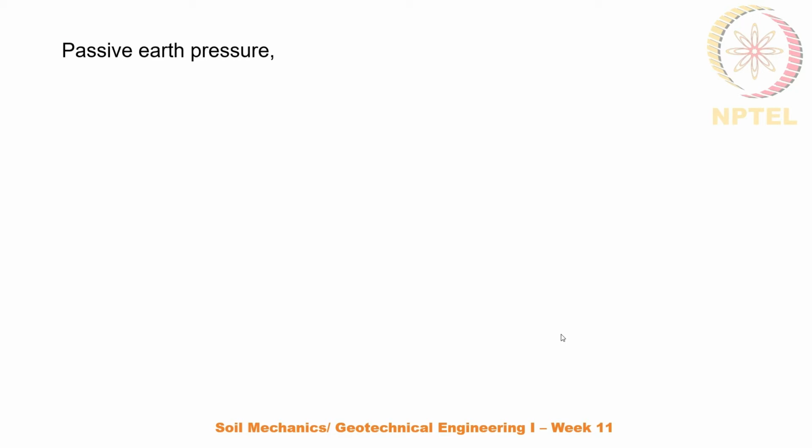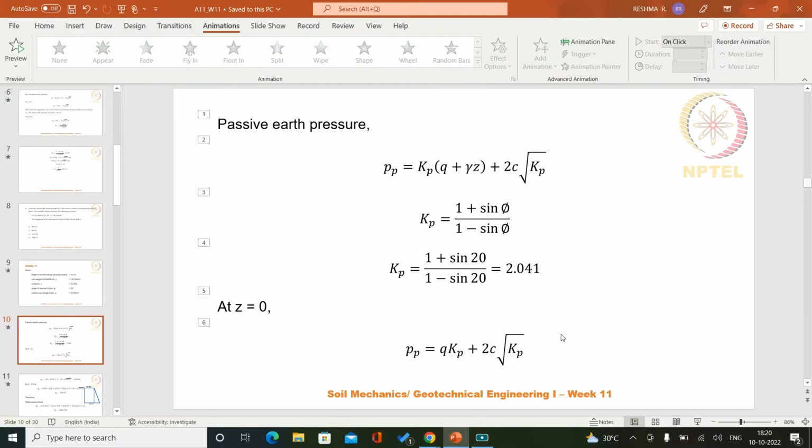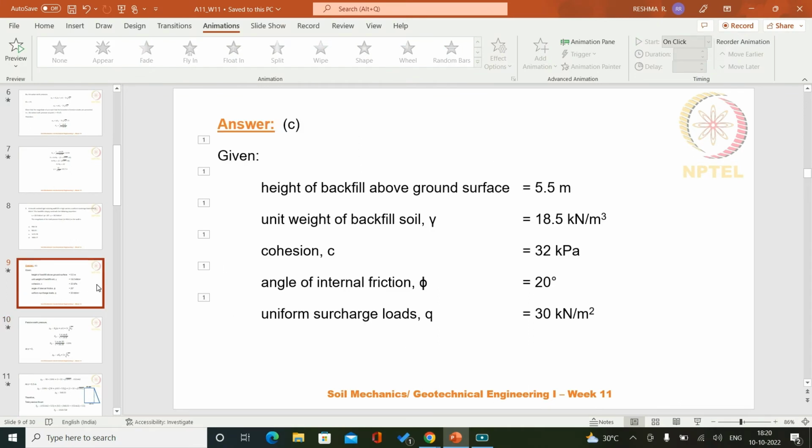Now we know that the passive earth pressure Pp is equal to Kp into (Q plus gamma Z) plus 2C root Kp when there is a surcharge load Q acting on the retaining wall. So, the coefficient of passive earth pressure Kp is equal to (1 plus sine phi) by (1 minus sine phi), with phi equal to 20 degree.